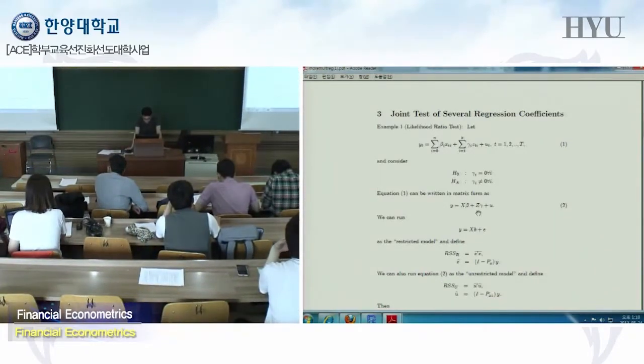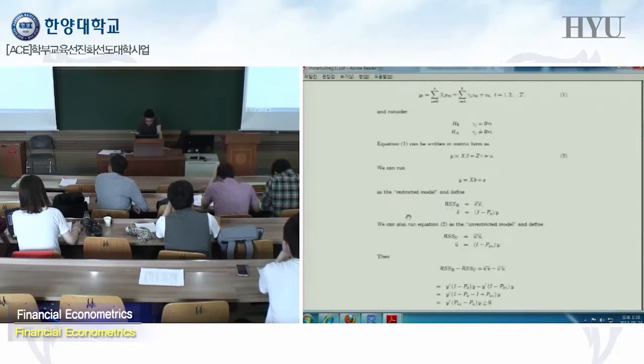Second, we run the unrestricted model. In the previous case, we restricted gamma to be 0, and now we don't impose such a restriction and run regression 2 directly. Then we calculate the residual sum of squares, which is RSSU, u hat prime u hat.